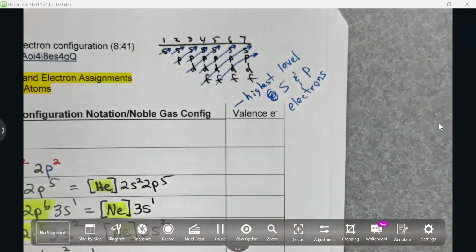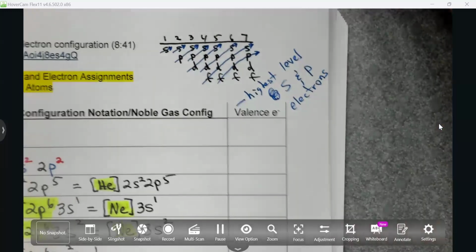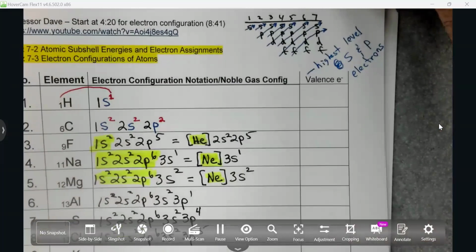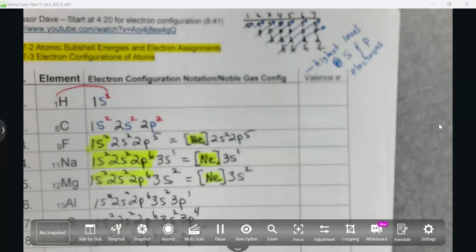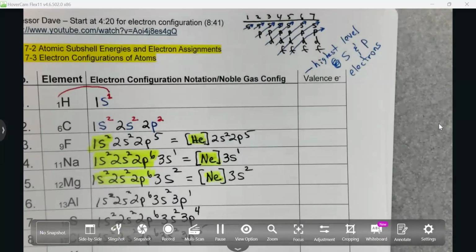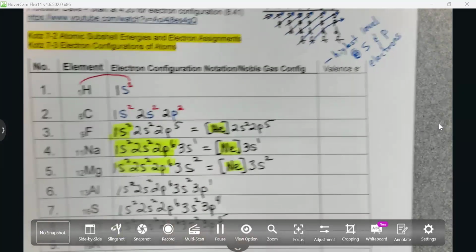Highest level, furthest out S and P electrons. Those inner ones are called the core electrons. Highest level, furthest out. Highest level is the furthest out away from the nucleus. So all we care about is the farthest out S and P electrons.